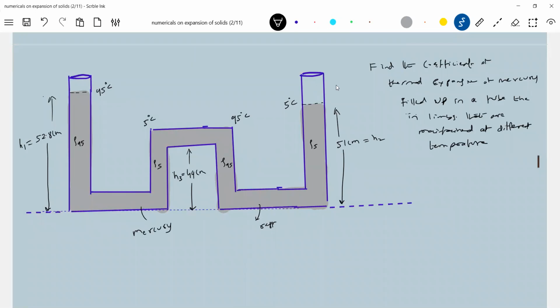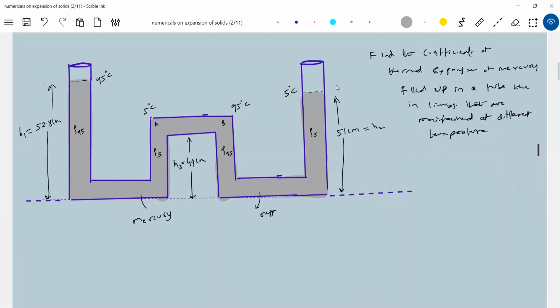I'll directly start with pressure at A should be equal to pressure at B. Any reason for that? Because what is the state of this liquid at rest? So if you look at this particular surface here, if you draw a line, then what should be the net force on it? Must be zero. So therefore the pressure at A should be equal to pressure at B. So let's write down the equation now.